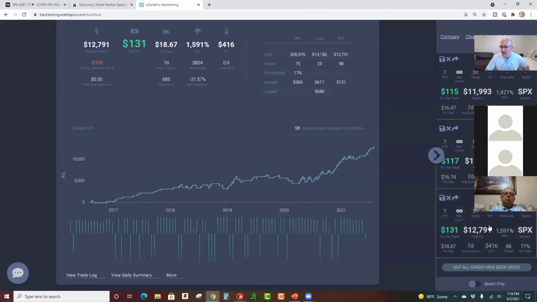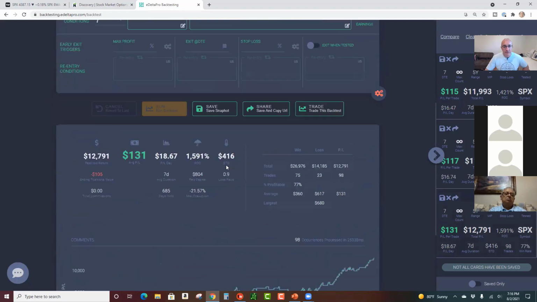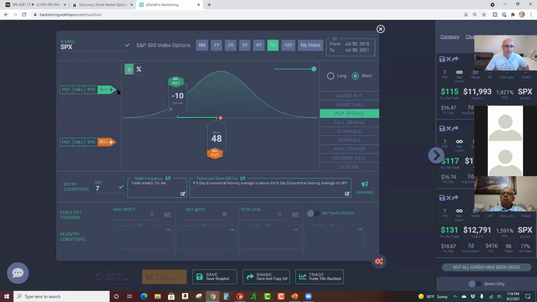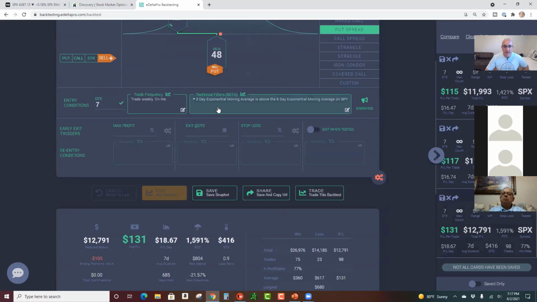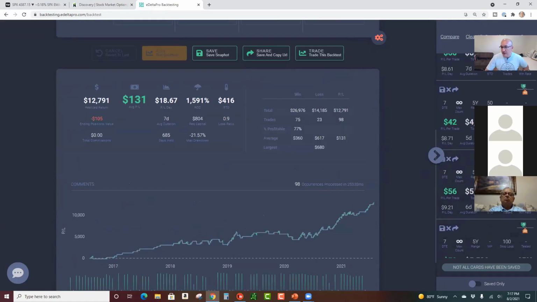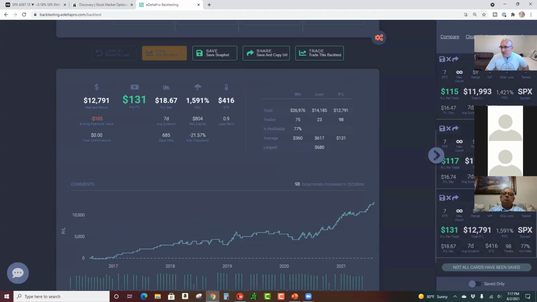77%. Yeah, and this is why I recommend that anyone who gets into this get this software, because you can really go in here and play with things. Sometimes you get through these and you get all these numbers over here and you're like, okay, this one did pretty well.